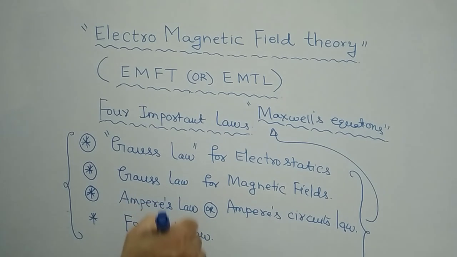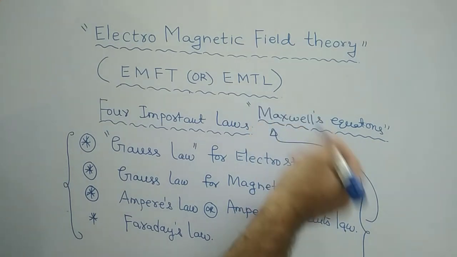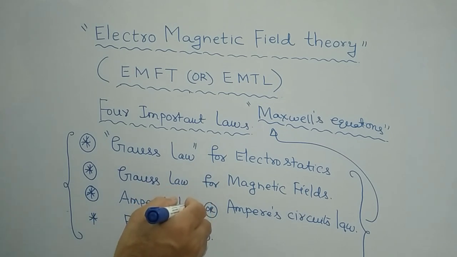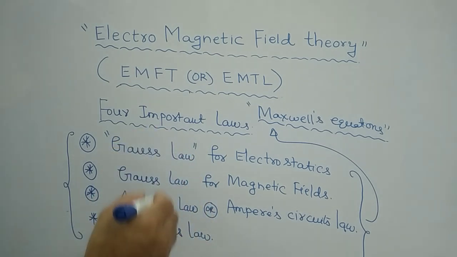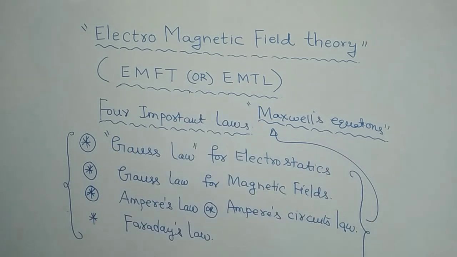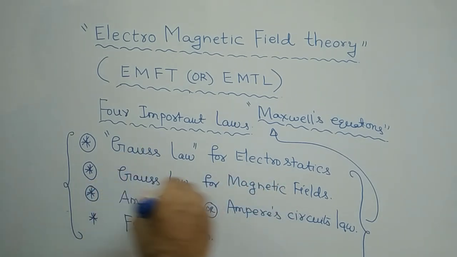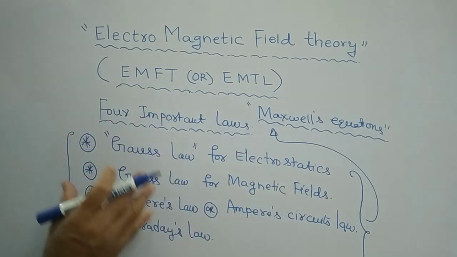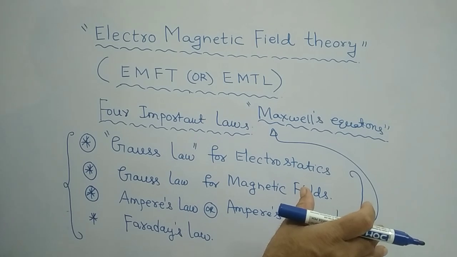And again, these laws can be given in two different forms. That is Maxwell's equations in differential form, and second, the integral form. For each law you will have one particular equation, and that equation is available in differential form as well as integral form.